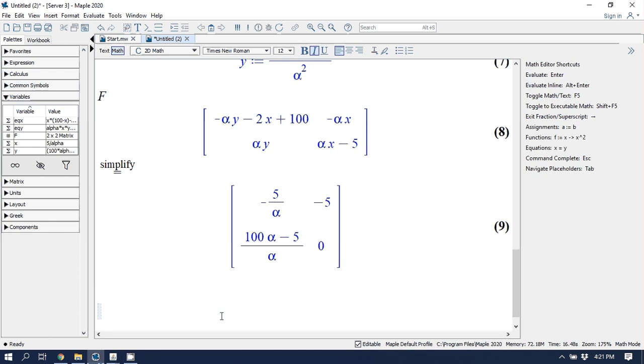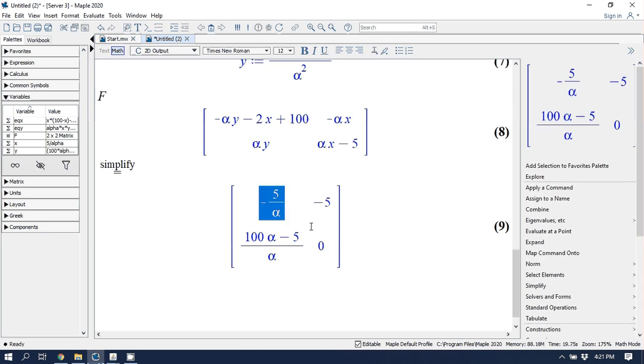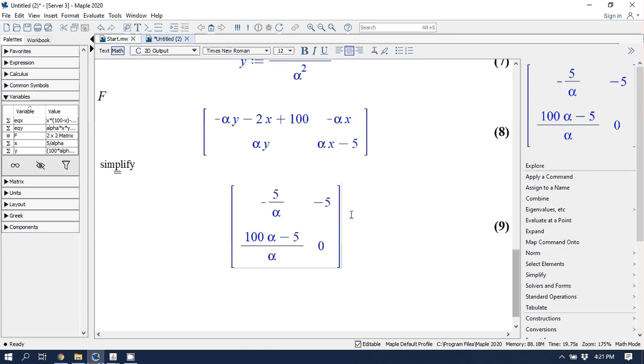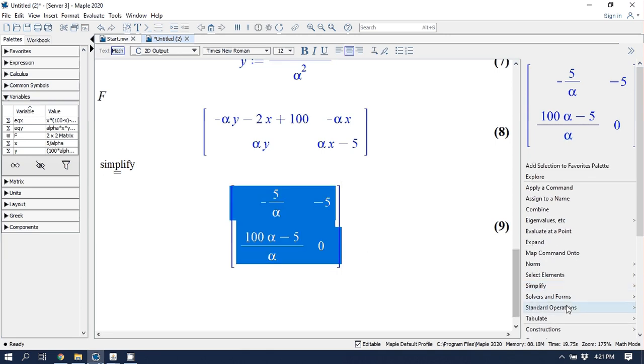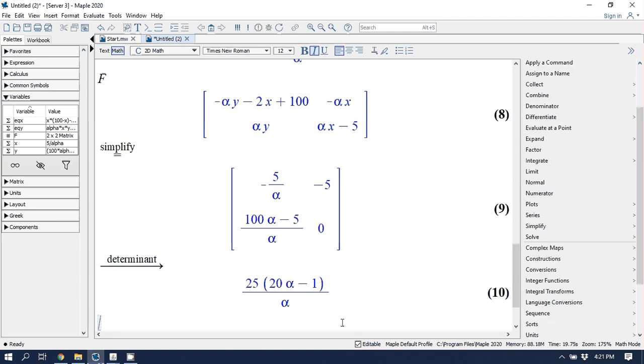And again, always use your brain before you actually do anything with Maple. Just by inspection, we can see the trace is negative, because minus 5 over alpha plus 0 is negative. Let's look at the determinant with Maple, and it's already in the factor form.